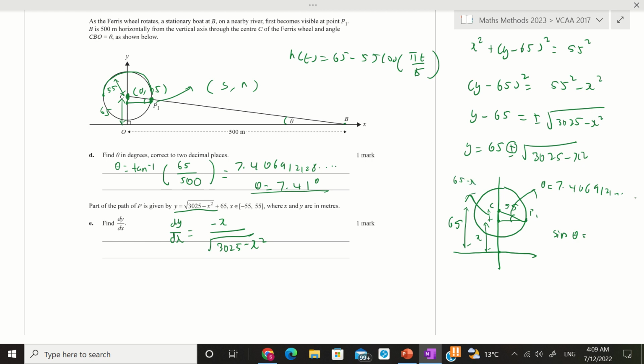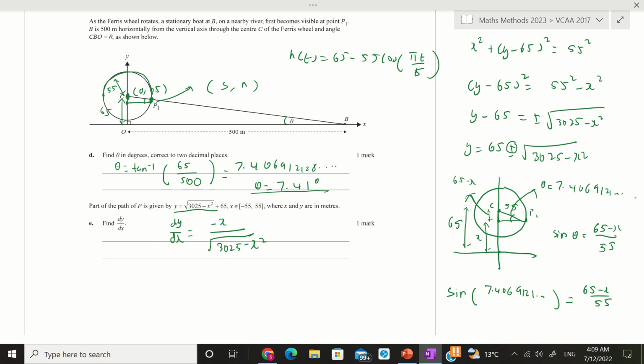So the opposite side has length 65 minus x, and our hypotenuse has length 55. Then all I have to do is put this into my CAS and solve for sine of 7.4069121 blah blah blah equals 65 minus x on 55.